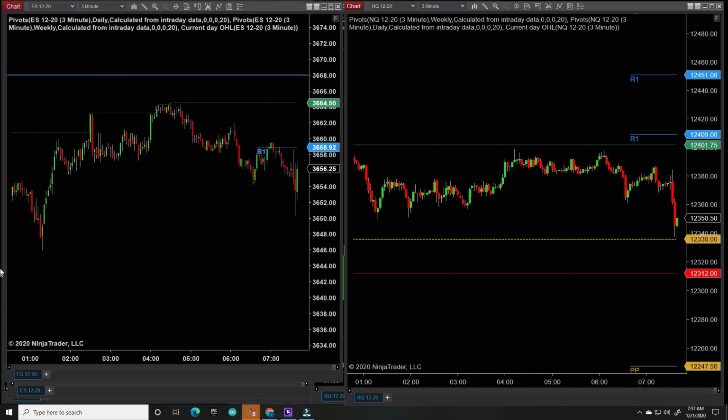Okay. So I took some off at about 1.75 points. Order filled. Took some more off at about 4 points, 4.5. I'm not seeing that movement up in NQ. Okay, there we go. There's some off at 6. There's some off at 8.